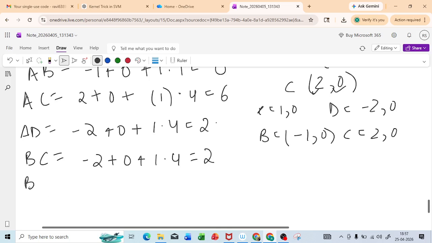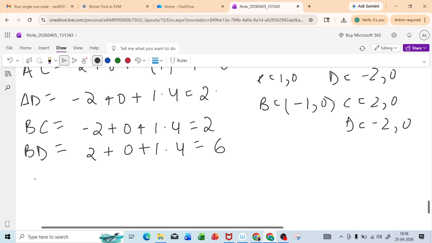Then let's calculate BD, and D is minus 2 comma 0. So this becomes minus 1 into minus 2 becomes 2, then 0 plus 0, 1 square into 4. So this becomes 6.